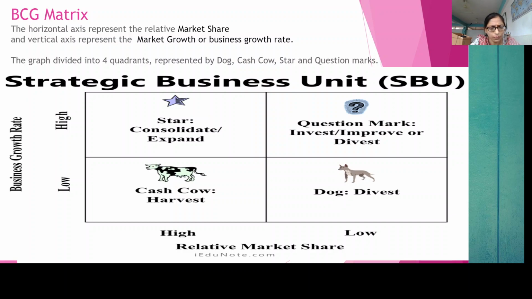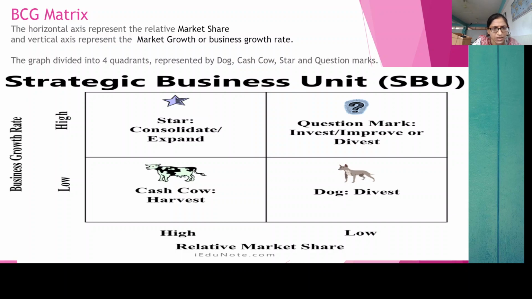Next, the star category is in the growing stage. As we know from the product life cycle, there are some products which are in the growth stage, introduction stage.